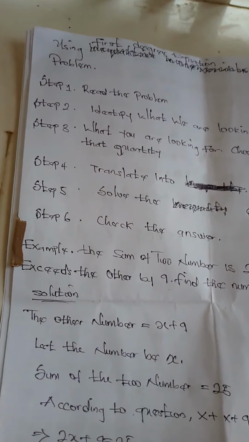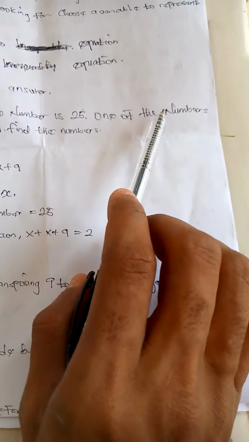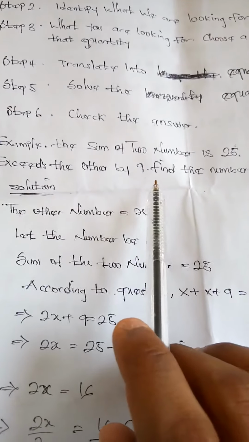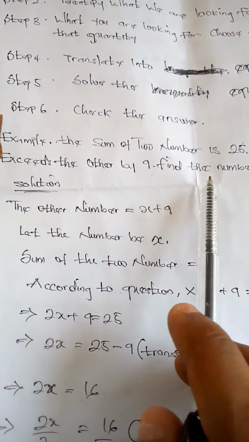The sum of two numbers is 25. One of the numbers exceeds the other by 9. Find the numbers. The next, step 2, we identify what we're looking for.